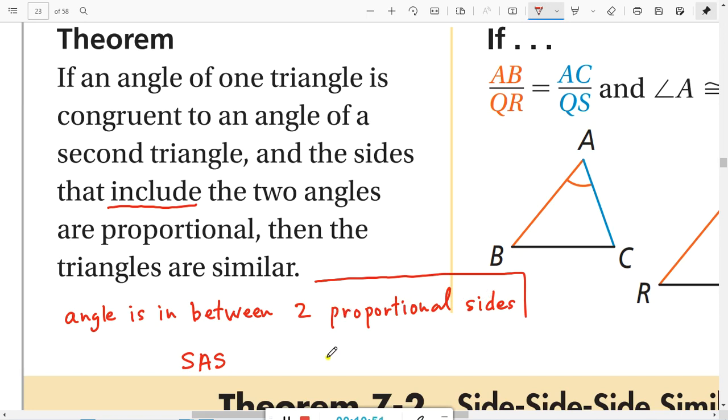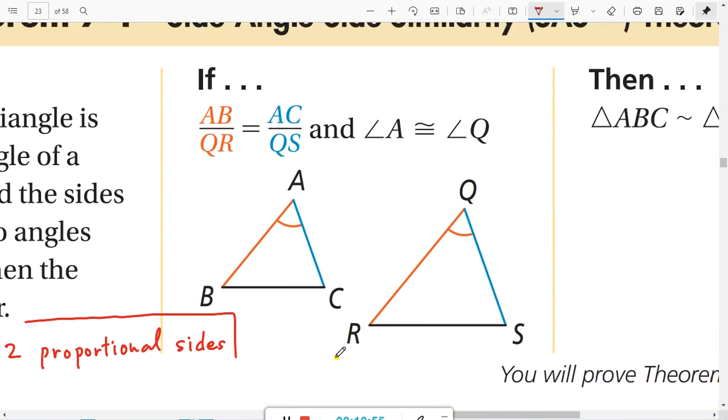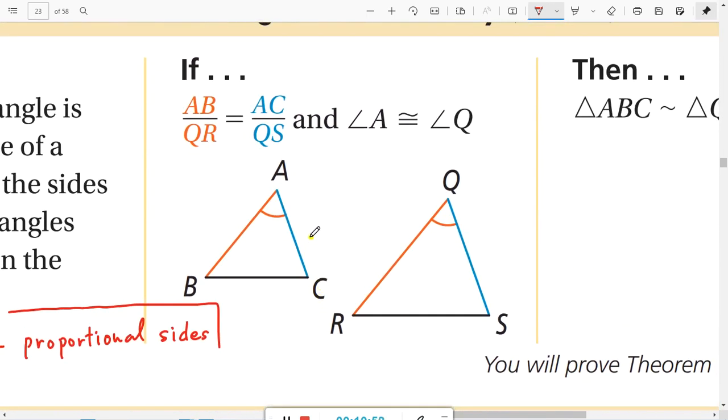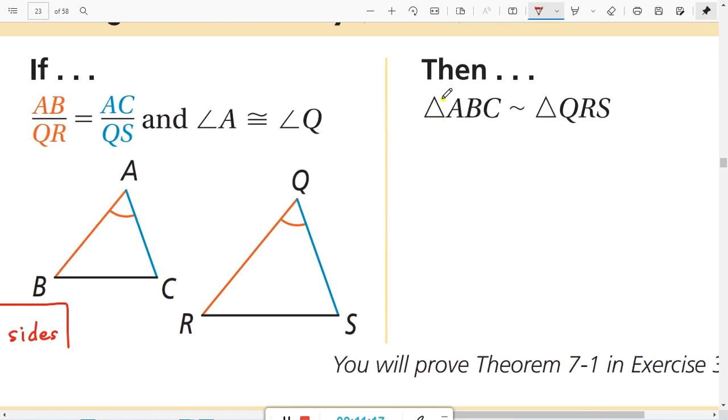All right, so let's take a look at the example here. They're saying if AB divided by QR, that's this side divided by this side, is going to equal AC divided by QS, that's this side divided by this side, and angle A equals angle Q, then the triangles are similar.